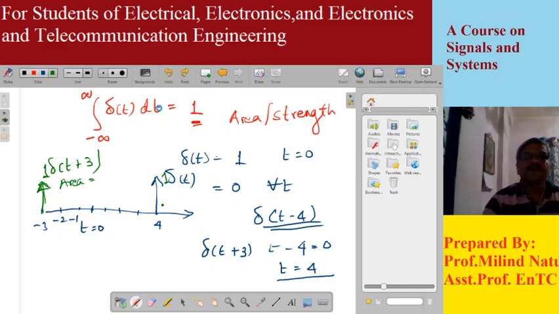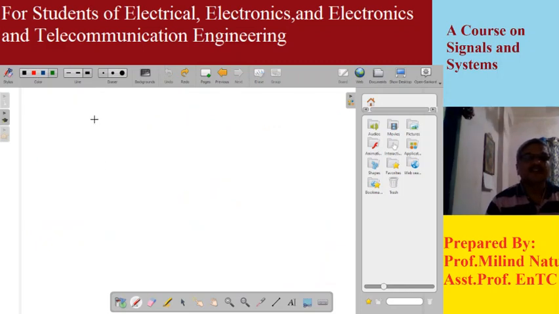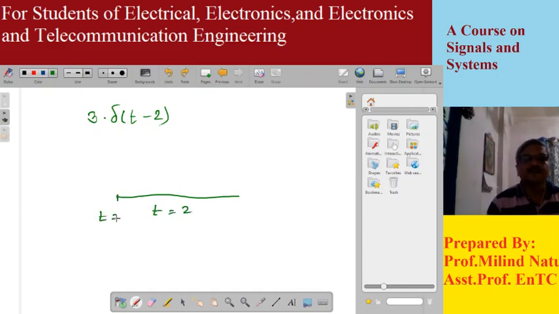If I want to represent a signal like 3 times delta of t minus 2, this means I have a shifted impulse at t equal to 2. This is t equal to 0 somewhere here, then here t equal to 2.